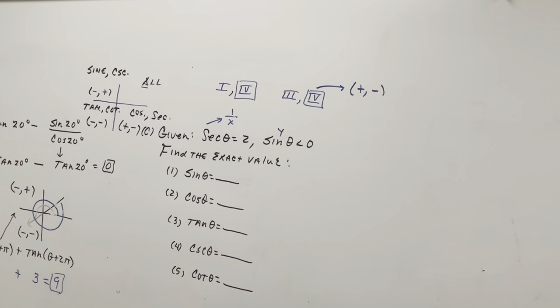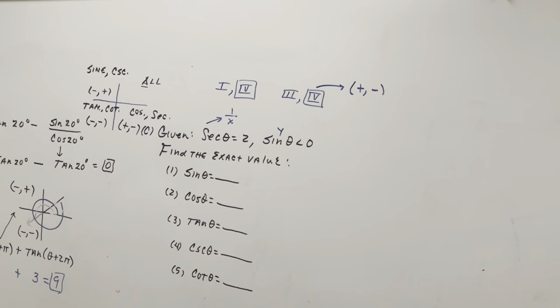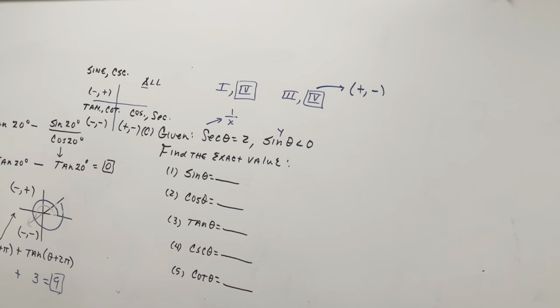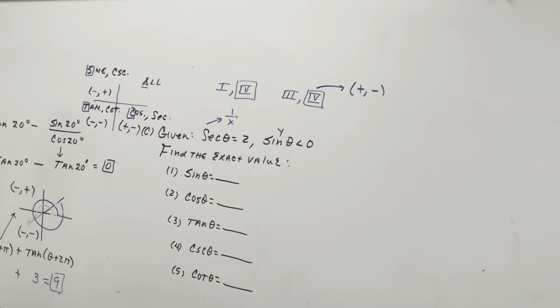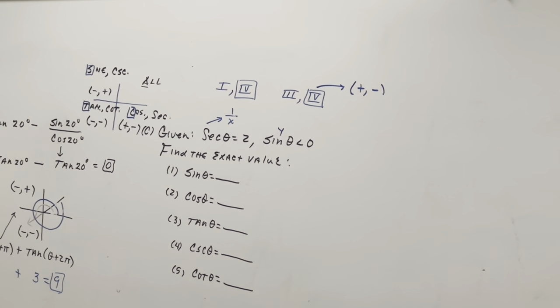Now, the way I remember it, sometimes I'll forget which are positive, and then of course I don't know which ones are negative. The way I remember it is these initials: A for all here, S here, T here, and C here. Let me tell you what I like those initials to represent.